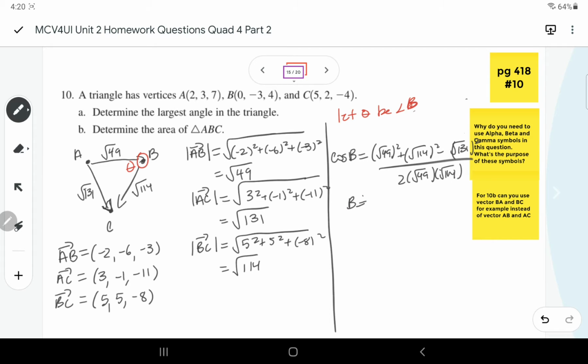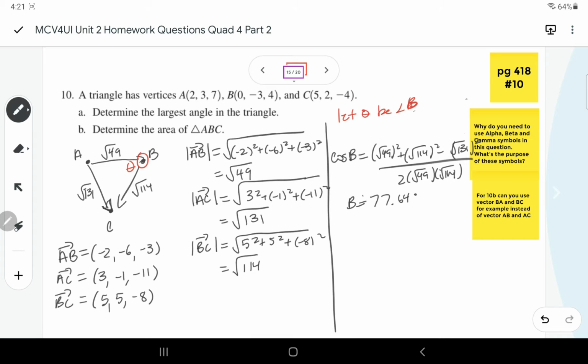So you can put that all into your calculator. And I get angle B is 77.64 degrees.